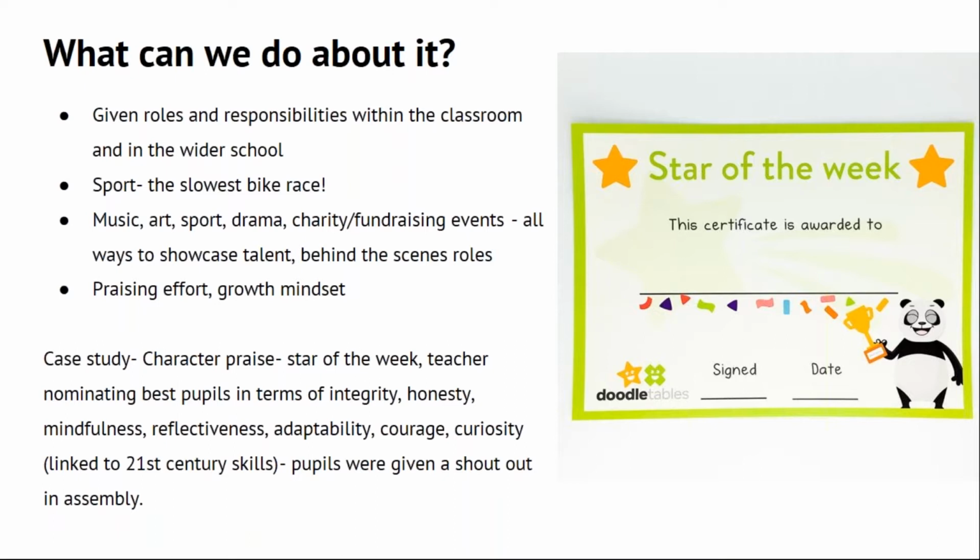Pupils were given a picture or sticker of a lion if they had courage, or a magnifying glass if they showed curiosity. That way, these are some of the skills that we're going to need for our pupils to progress in the 21st century. And those pupils were given a shout out in assembly.